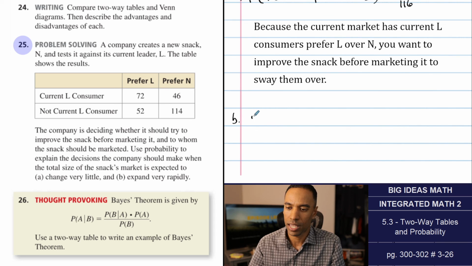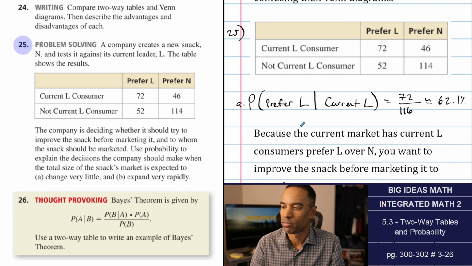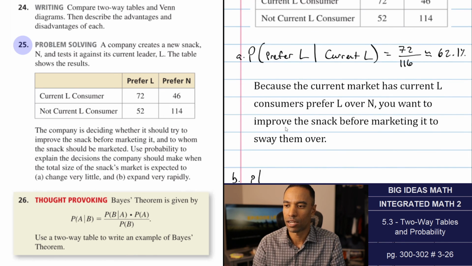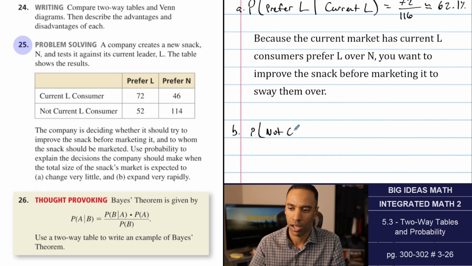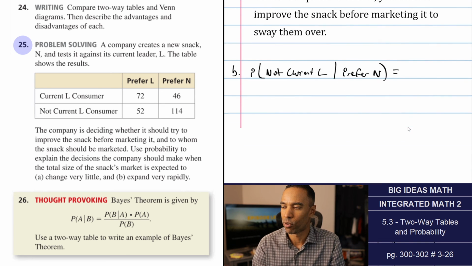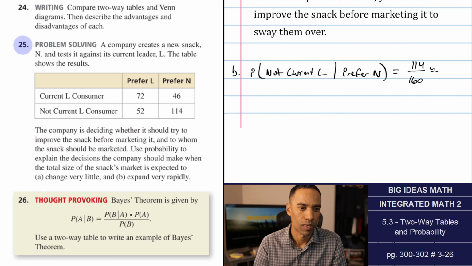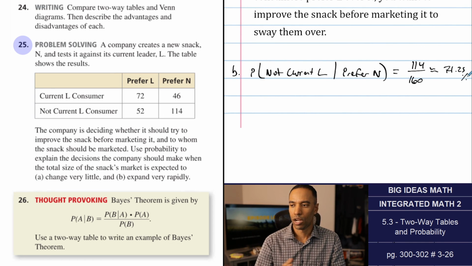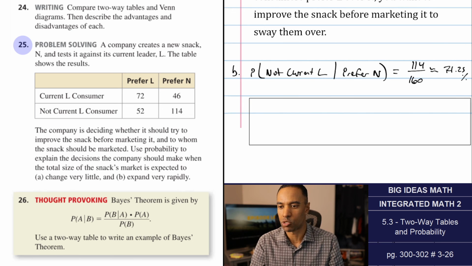So the probability of not current L given that they prefer new is 114 over 114 plus 46, 160, which is about 0.7125, so 71.25%. You already have the market if it expands rapidly.